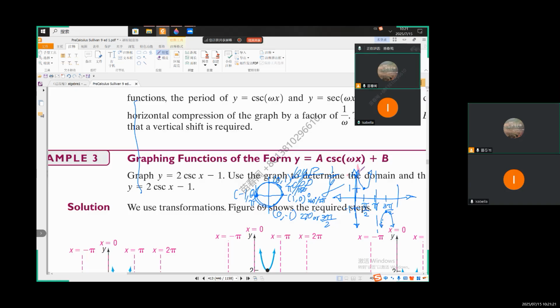Okay, this kind of makes sense to me once I think about it mathematically. So this is cosec x, yes.